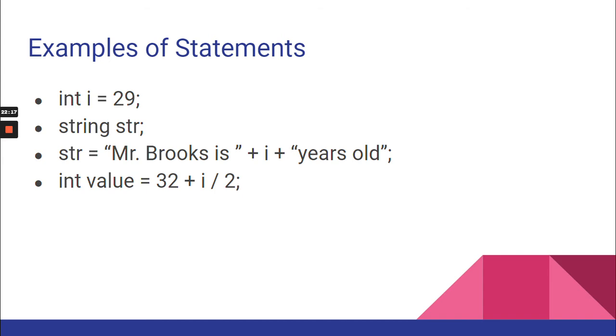So we take 29 divided by 2. 29 divided by 2 is 14, plus 32 is 46. So this is creating an integer variable called value, and we're giving it the value of this expression, which is 46.